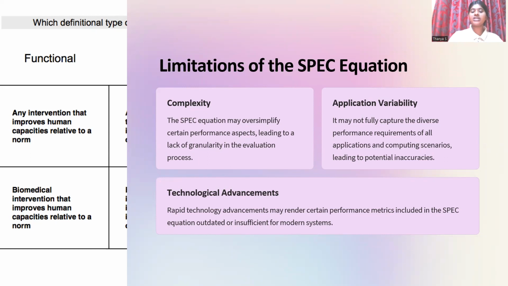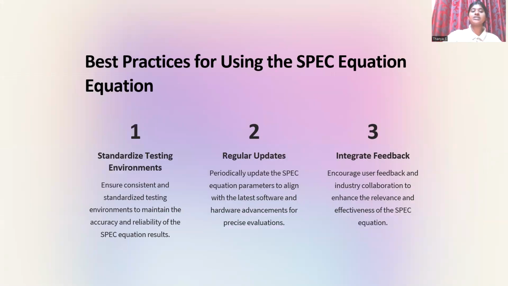So, in technological advancements, rapid technology advancements may render certain performance metrics included in the spec equation outdated or insufficient for modern systems. Next is best practices for using the spec equation. One is standardized testing environments, second is regular updates, and third one is integrate feedback.